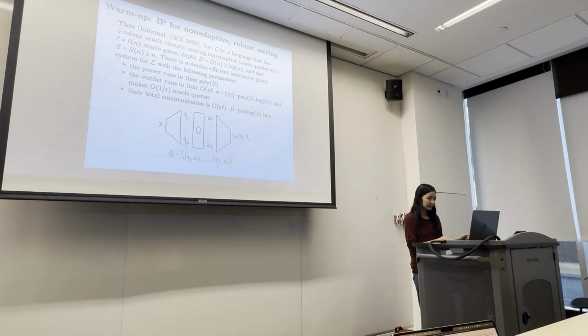Our theorem in this setting is: let L be a language that has epsilon-robust oracle circuits making non-adaptive oracle queries with L oracle gates, depth D and size S. Then there's a doubly efficient interactive proof system for L with the following parameters. The first is that the prover runs in time polynomial in the size of the circuit. The verifier runs in this amount of time and makes order 1 over epsilon oracle queries. And this is going to be a variable communication.